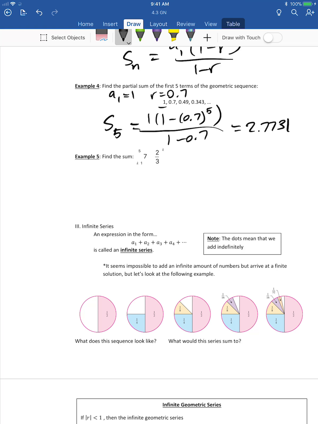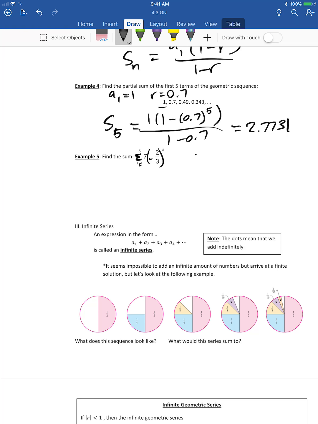Find the sum. I really don't understand why this doesn't always come out. So find the sum. We're starting with k equals 1, ending with k equals 5 of 7 times negative 2 over 3 to the kth power.